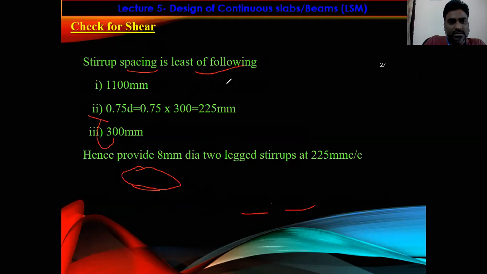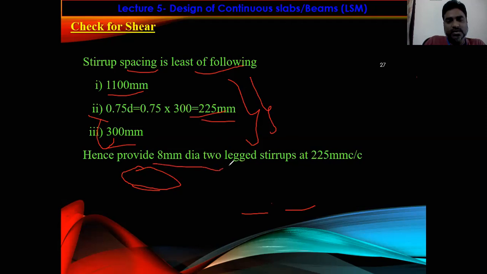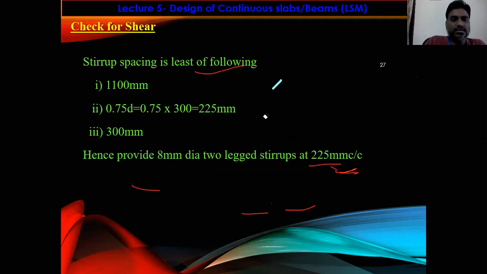So here you have the spacing, that is 1100 as per the resistance, 0.75d that is 225 mm, and 300. So out of this, which one is minimum? Provide 8 mm diameter bars, 2 leg stirrups at 225 mm center to center. This is at the end support, right? So like this, you have to design the shear reinforcement.